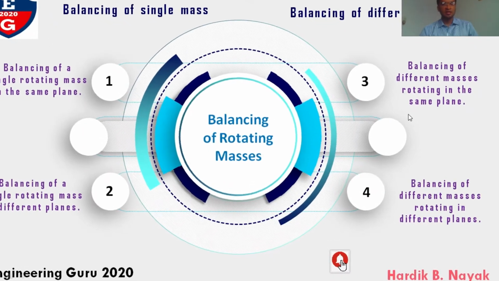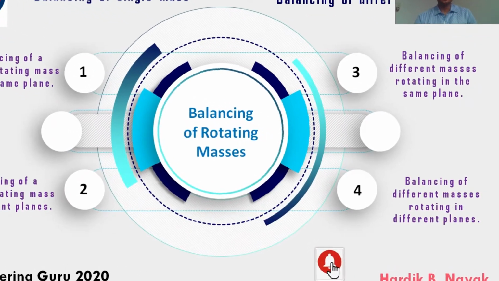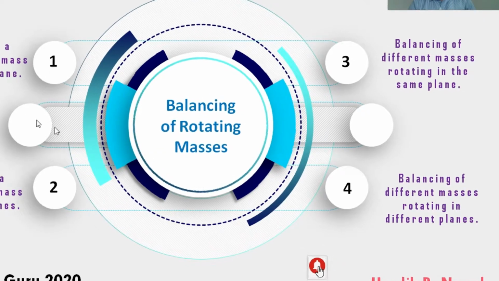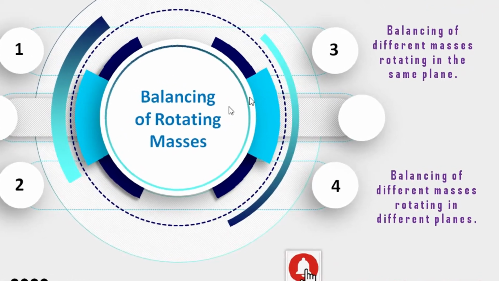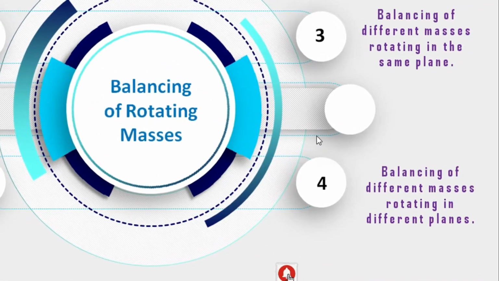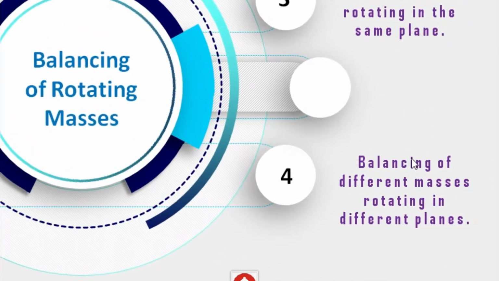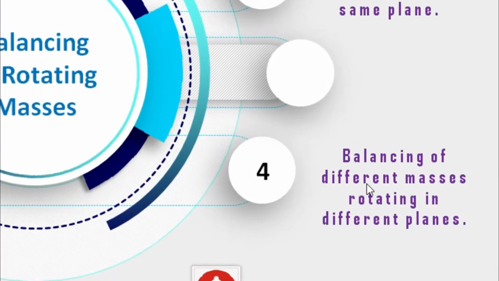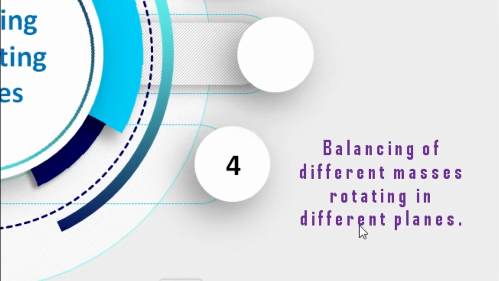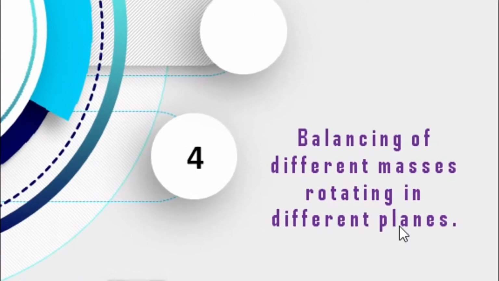Friends, in the previous video I already covered the first, second and third type. Today I am going to cover the most important method, that is balancing of different masses rotating in different planes.